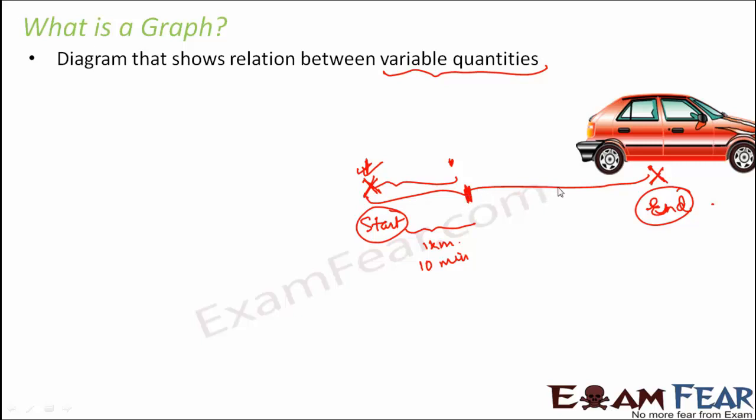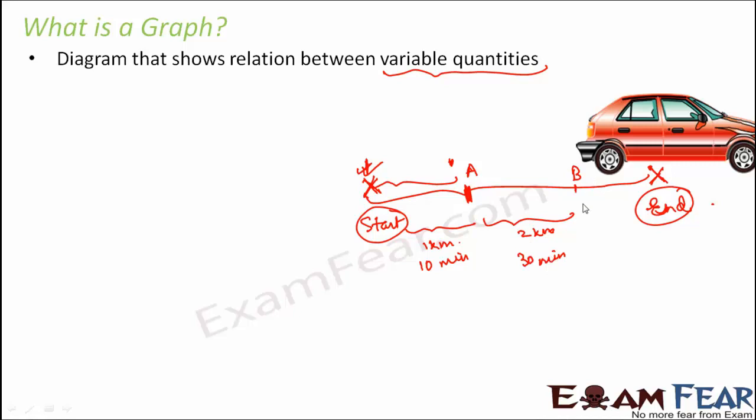Again, when the car was somewhere around this point, let's name these points. This is A, B. By the time it reached point B, it had traveled another 2 kilometers. So from A to B was 2 kilometers, and the time which it took was, let's say, around 30 minutes. I'm just taking some random values.